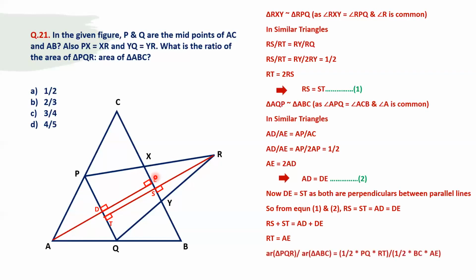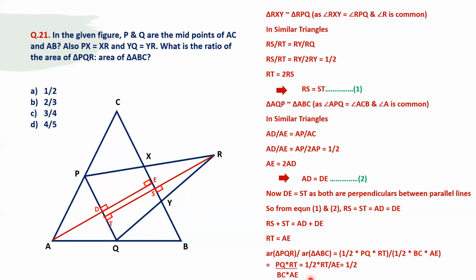So the ratio of area of PQR divided by area of ABC is equal to half base into height. So half PQ into RT divided by half BC into AE, right? And RT and AE, they are equal. So we can write PQ into RT divided by BC into AE.